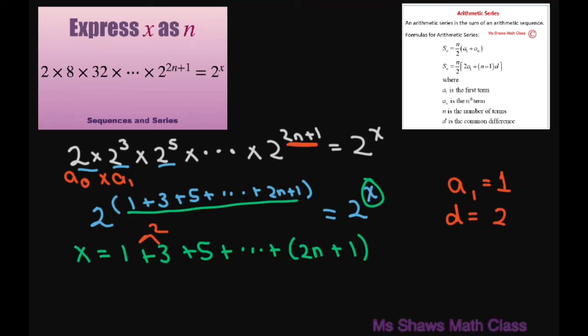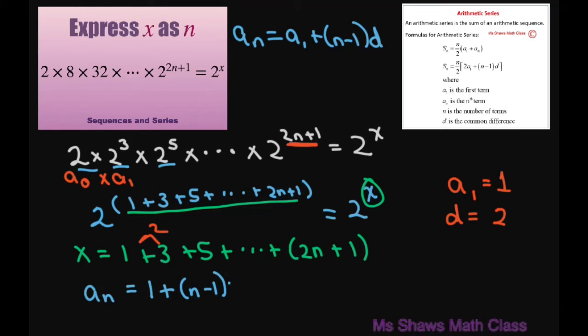All right, so looking at our formula, a sub n equals your first term plus n minus 1 times d, we get a sub n is going to equal 1 plus n minus 1 times 2, using this. And that's going to give me 2n minus 1. So a sub n is 2n minus 1.